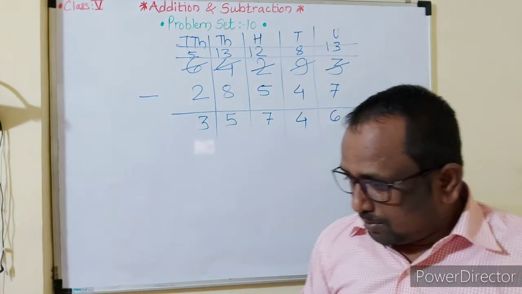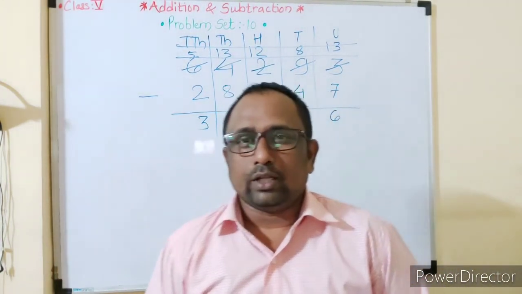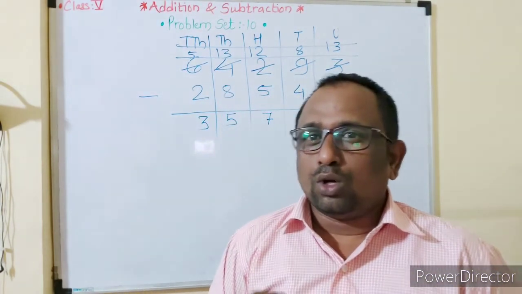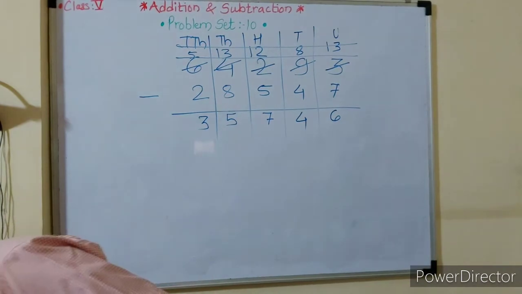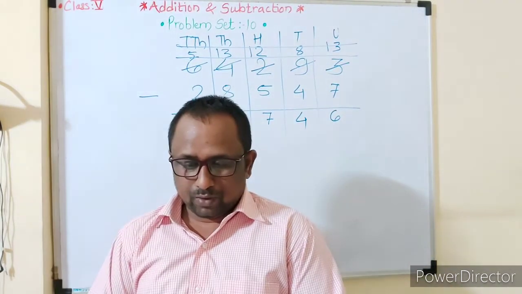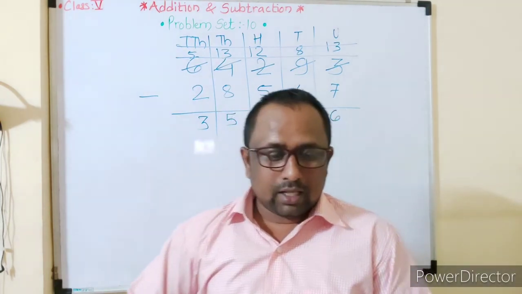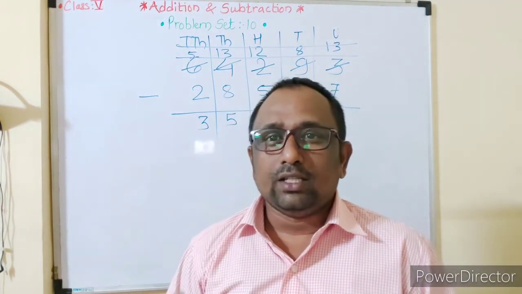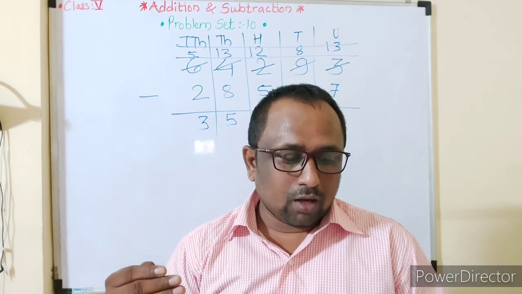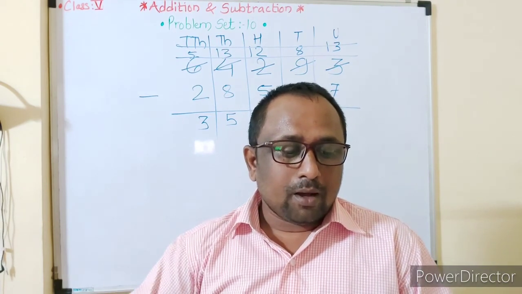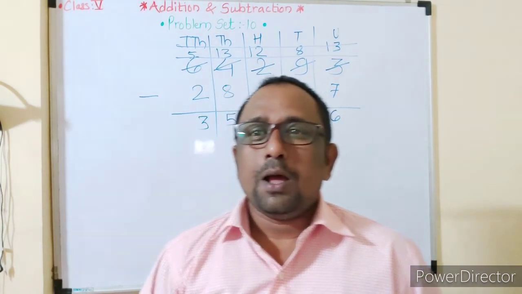Now students, there are 3 remaining examples. Solve them the same way. In the next video we'll solve practice set number 11, which has subtraction of 6 and 7 digit numbers, and there are word problems also in problem set number 12. Take care, bye bye.